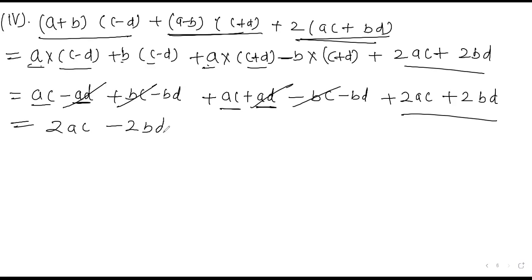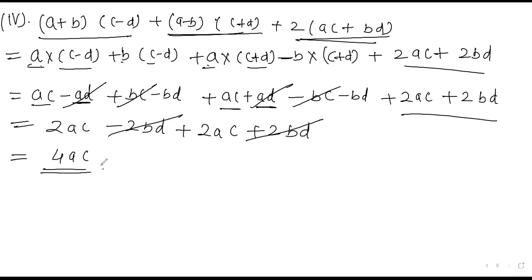And there will be 2ac plus 2bd. Now this will also cancel out because this is minus sign, this is plus sign, so it gives you 4 times ac, right? Okay, so this is for the question.